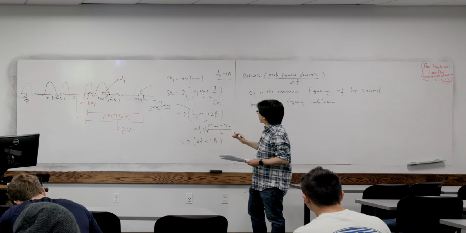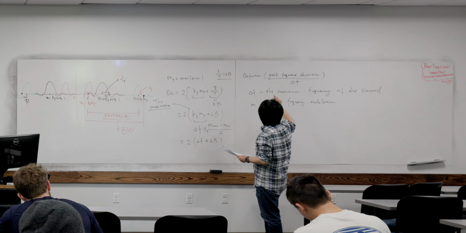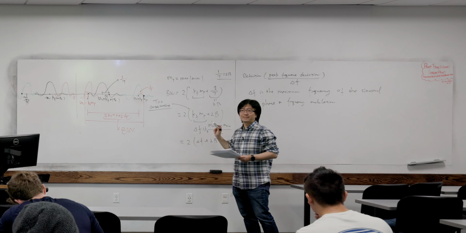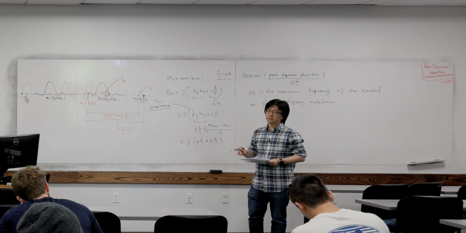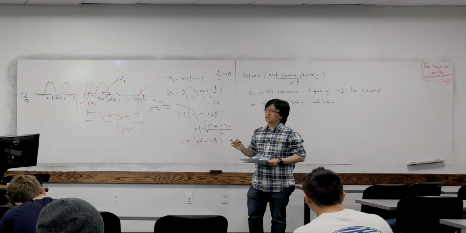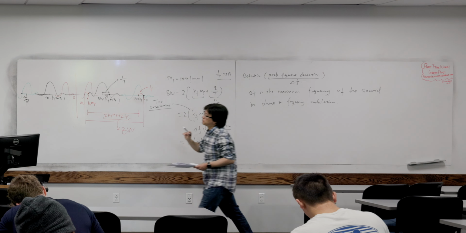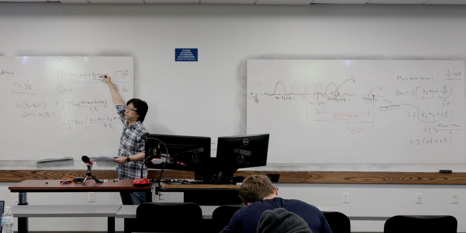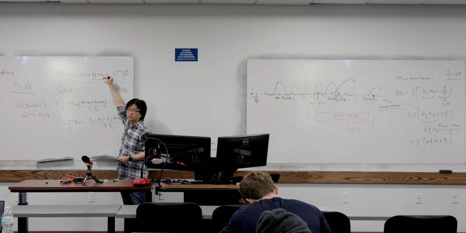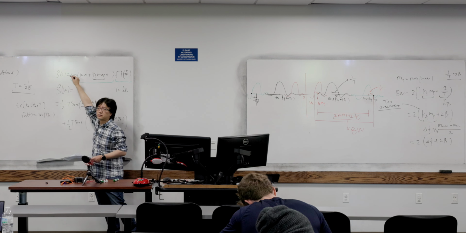Yeah, we need to be careful here, right? This delta F is called peak frequency deviation. So it doesn't mean the maximum frequency of the modulated signal. Does that make sense? It's the maximum frequency deviation shown here. It's not the maximum frequency of the entire signal.